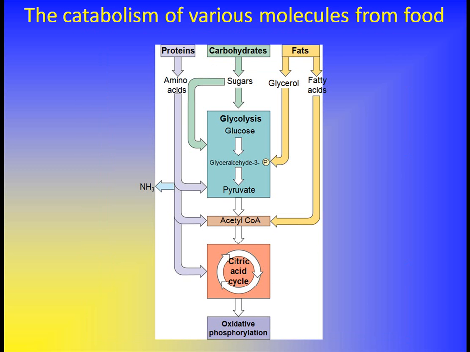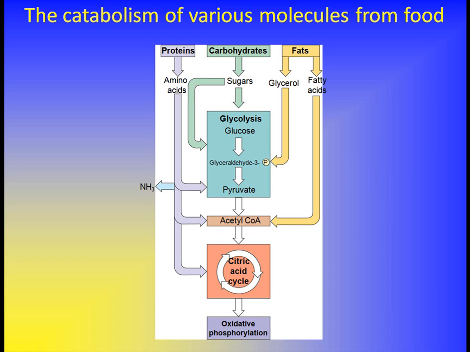Now, just to show you that carbohydrates are not the only source of energy for cellular respiration. Our carbs, our sugars, are the most direct route for cellular respiration to take place. As you can see, those carbohydrates go directly into glycolysis, producing pyruvate, acetyl-CoA, citric acid cycle, and oxidative phosphorylation.